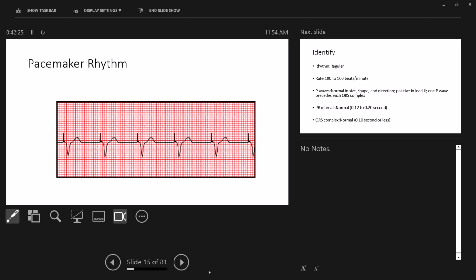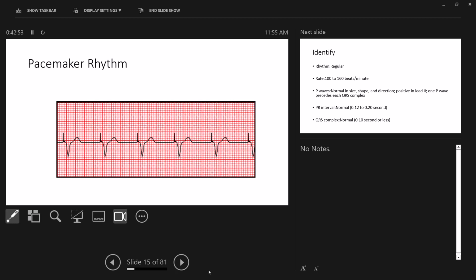Now, for the bonus points, is this a single chamber or a dual chamber? How do you know? You've only got one mark. Okay. If it was a dual chamber, you would see what? And what else would you see? P waves. So if it was a dual chamber, we would see hash mark, P wave, hash mark, QRS.